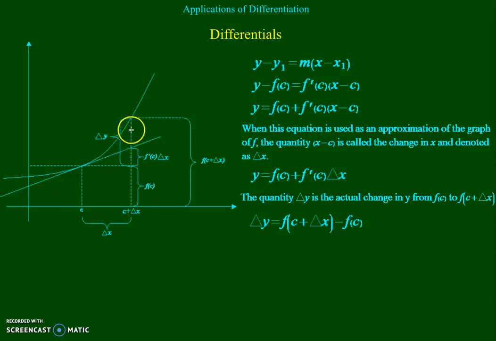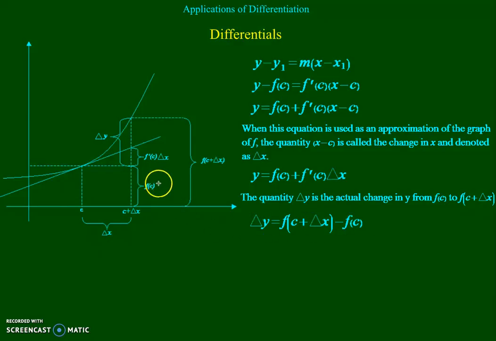So again, this actual change in y is equal to f of c plus delta x, the value of the function evaluated at c plus delta x, minus the value of the function evaluated at c. And so we have that expression here.